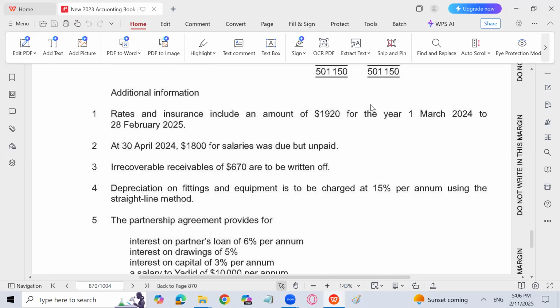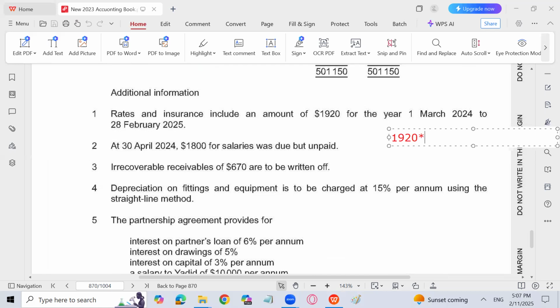Because 1920 of rates and insurance has been paid for 12 months, and our financial year is going to end on 30th April. So on 30th April, only 2 months, March and April, will be a part of our financial year as far as the 1920 payment is concerned.